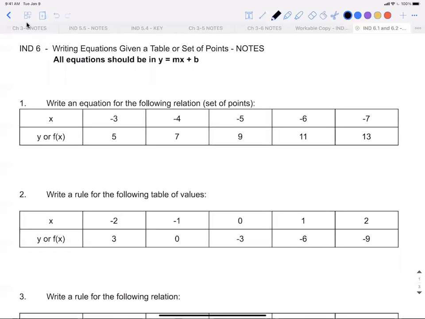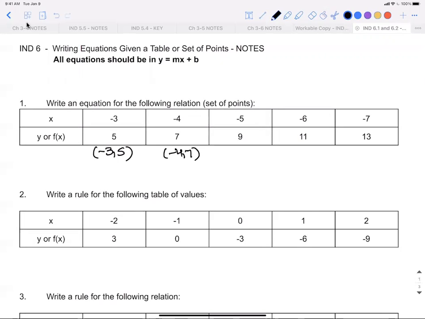So instead of, and I'll write it here, what this right here is the ordered pair -3, 5. It's the X and Y that go together. It's just in a table form rather than writing it like an ordered pair. This is the point -4, 7 and so on all the way down, right? Each one of these just makes up an ordered pair. The top is always your X, the bottom is always your Y.